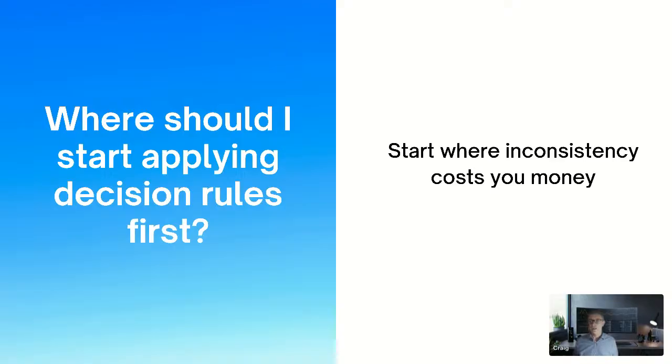And the last question for this week is, where should I start applying decision rules first? We always suggest to start where inconsistency costs you money. What's hurting your revenue? Because at the end of the day, each business stands up by how many sales it makes, not how many followers it has here or there. It's actual sales.